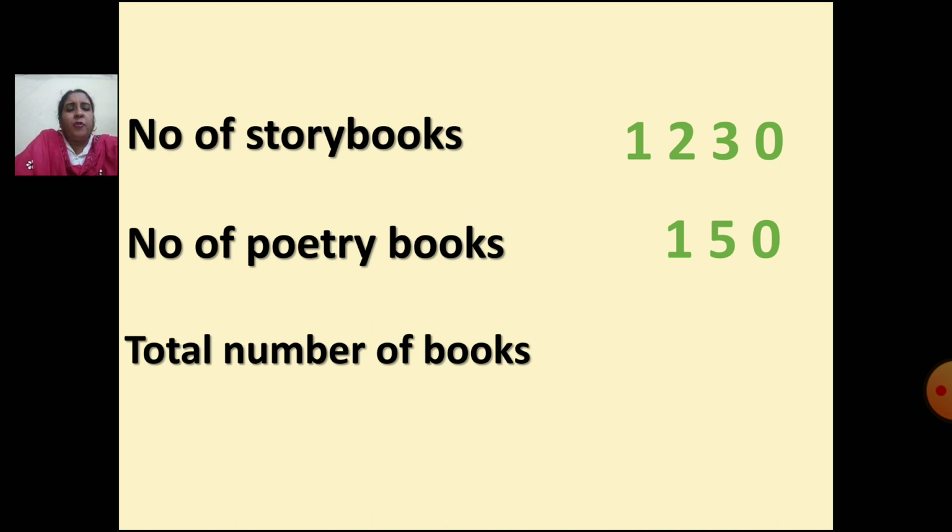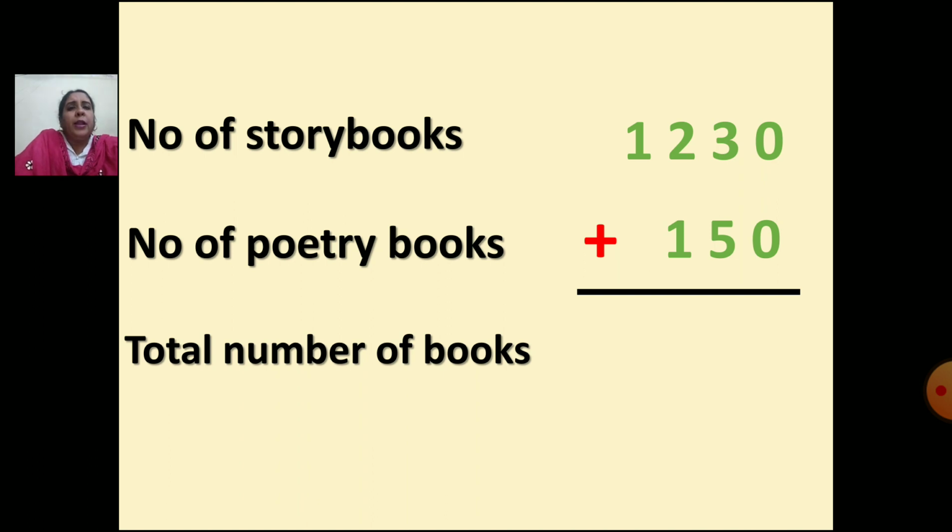Now when we have to find out total, so we will use addition operation, right? So for that, what you are going to do? Put plus sign. Okay. Then you have to draw the line and then you have to add the numbers. That is from units place, then tens place, hundreds place, thousands place.